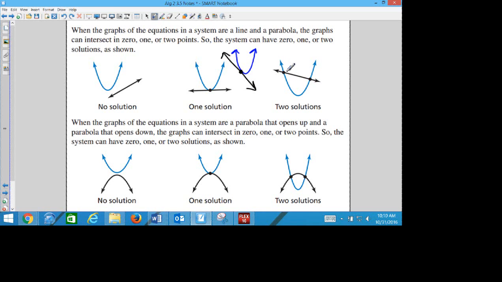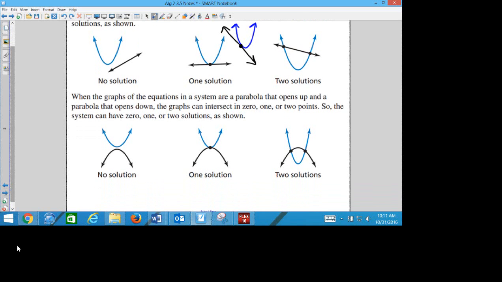It does not have to be at the vertex where they cross. That's another 1 solution. You could also have 2 solutions where they cross twice. There's multiple different answers that we could get here. We could also have 2 parabolas that don't cross, 2 parabolas that cross once, and 2 parabolas that cross twice.